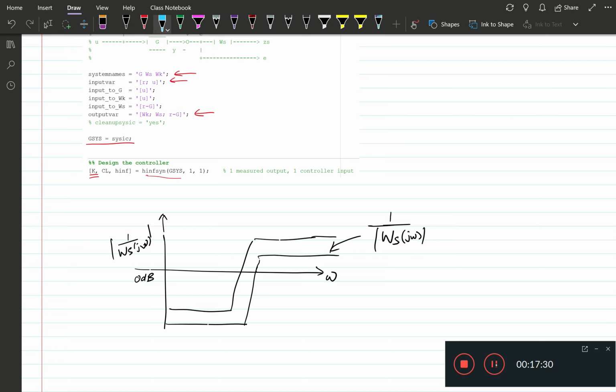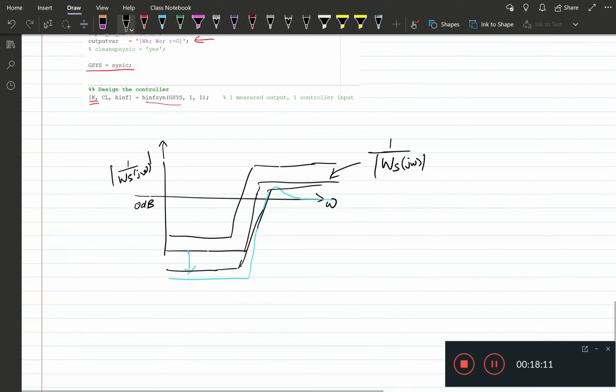So if you would want to push the sensitivity down here, you would increase the weight on the shaping filter W_S, and therefore the inverse would go down further, in some sense trying to push the sensitivity down and allowing it to be accumulated here in some senses. So that's how you look at the shaping filters.